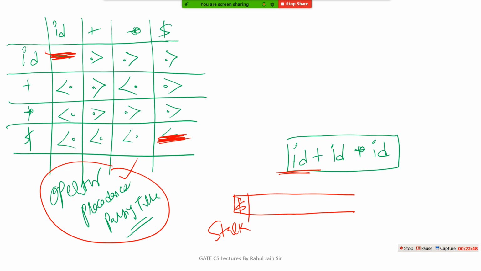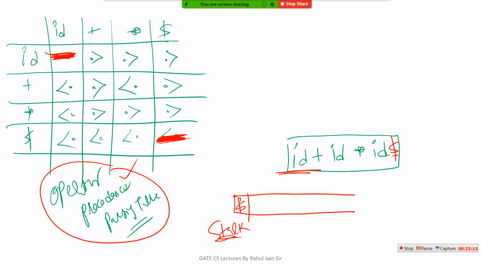Is it clear, Soumya? We cannot compare between dollar and dollar. It is blank. Now at the initial state our stack is empty, and I am writing dollar here so that it will notify me that the input string has ended.